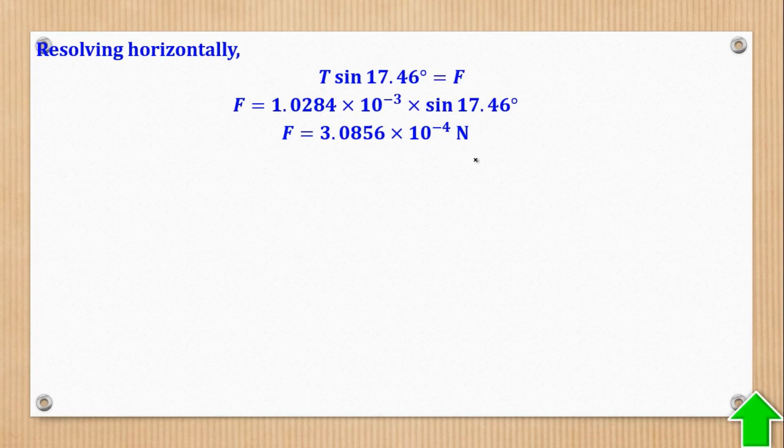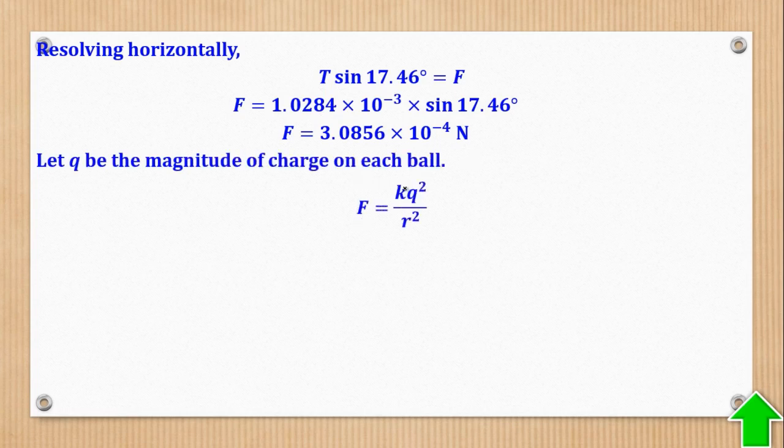So I've got the repulsive force, but remember they want charge. So I'll come and remember that this force is equal to, from Coulomb's law, Q squared. Now why am I saying Q squared? Because it is a product of two charges, Q1 times Q2, but Q1 is Q and Q2 is also Q because they are the same charges. That's why there is Q squared here over r squared, which is the separation.